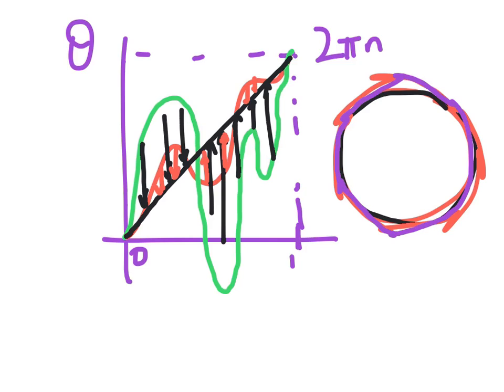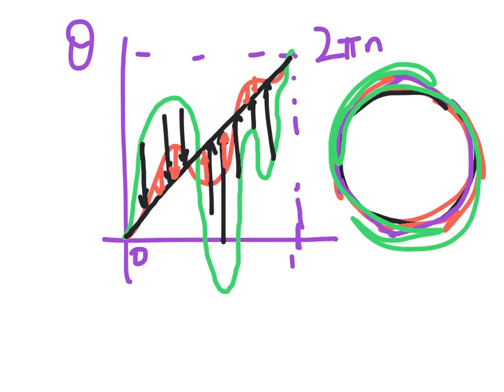Similarly with the green loop, it starts off with some pretty enormous wiggles. And as I squish it down onto the black loop, those wiggles become smaller and smaller until it just becomes the black loop that goes around with constant speed.